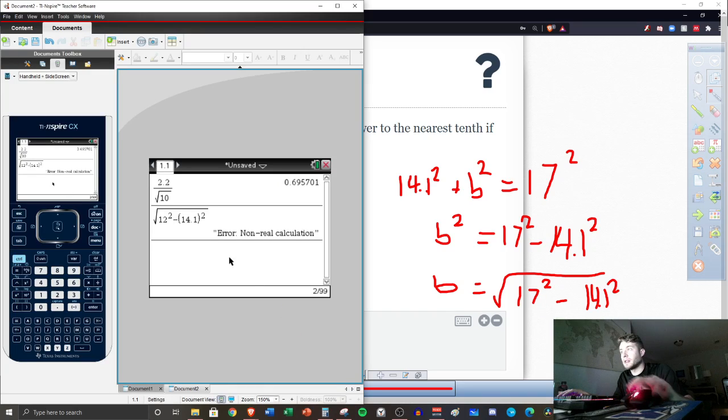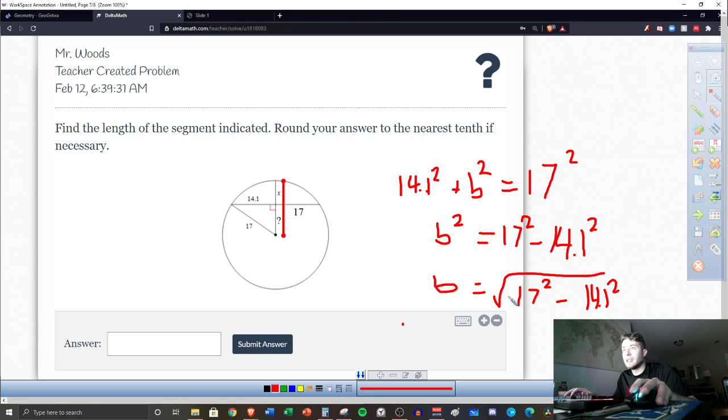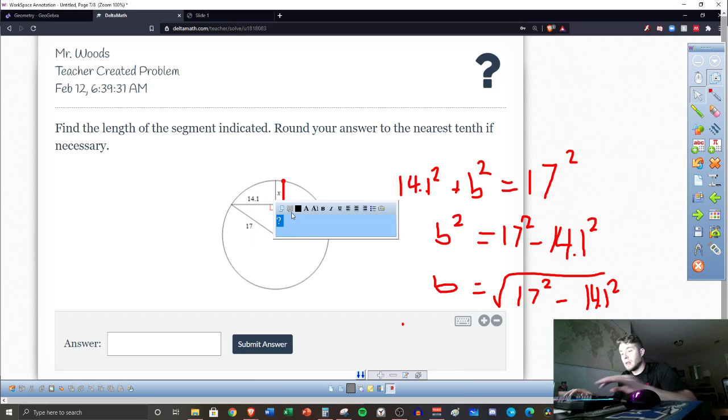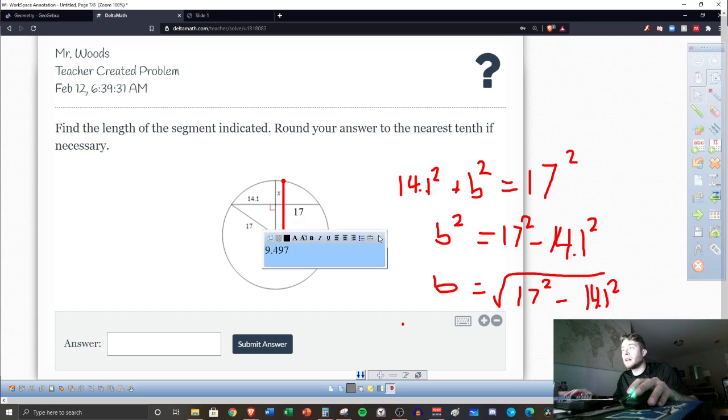Okay, let me fix that. So back up, 17. Okay, 9.496. That's going to be this length here. I believe I have that right. Yep. It's going to round to the nearest tenth on our final answer.